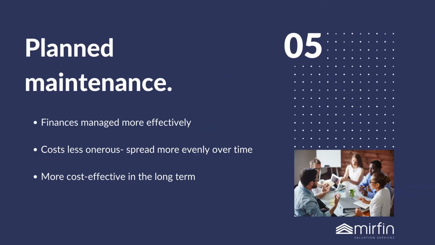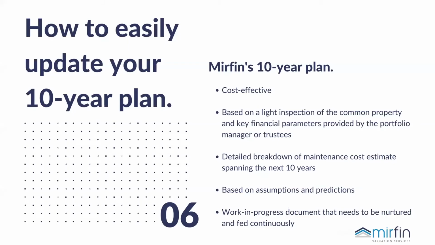Obviously, if the planned maintenance is done properly and the body corporate sticks to it, those costs are then evenly spread over a period of time, and don't affect the members or the owners in the scheme financially that much. How to easily update your 10-year plan.